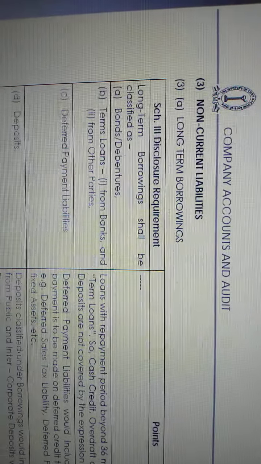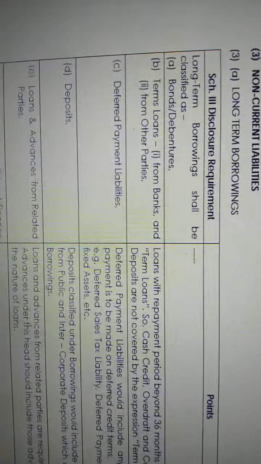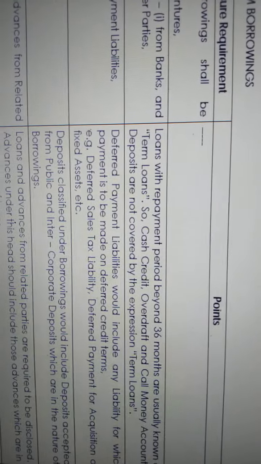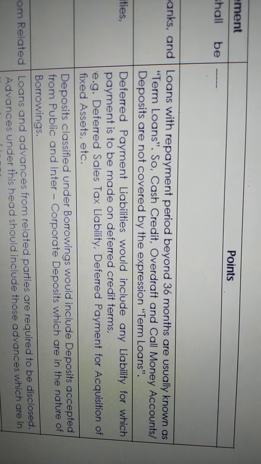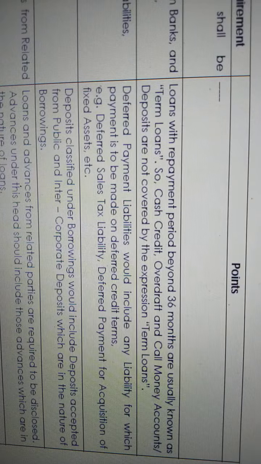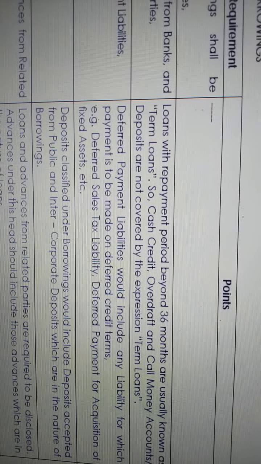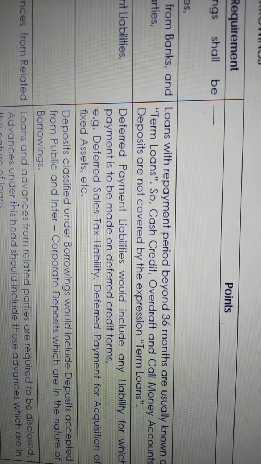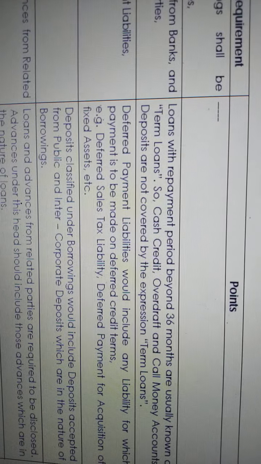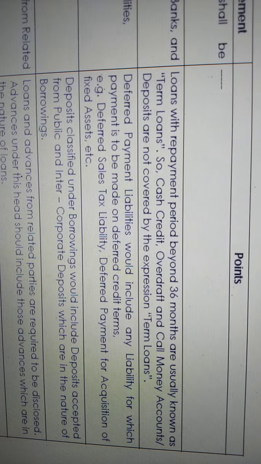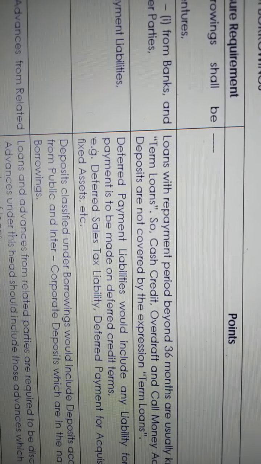Under long-term borrowings, from banks we have to present, and from other parties we have to present. Loans with repayment beyond 36 months are normally known as term loans. All other things are cash credit, overdraft, or others, other than term loans.